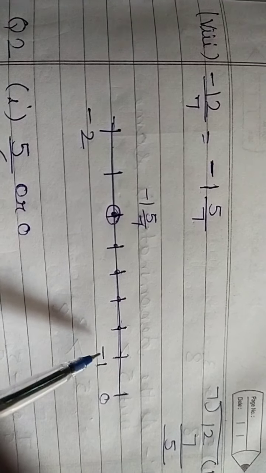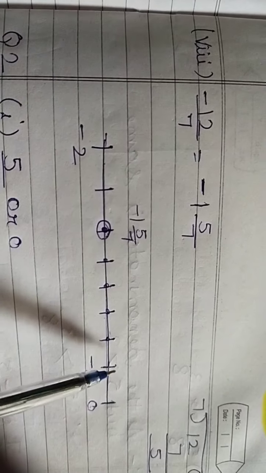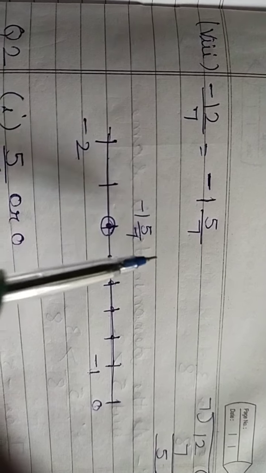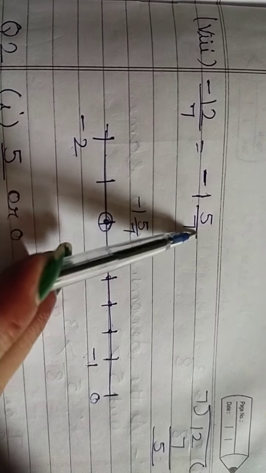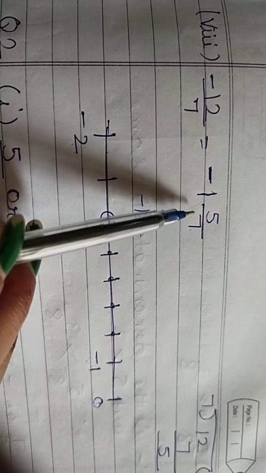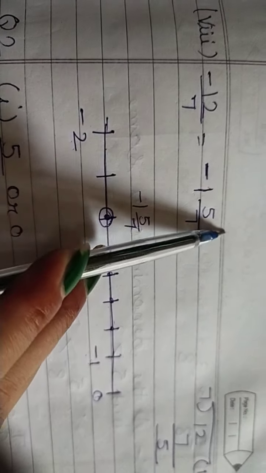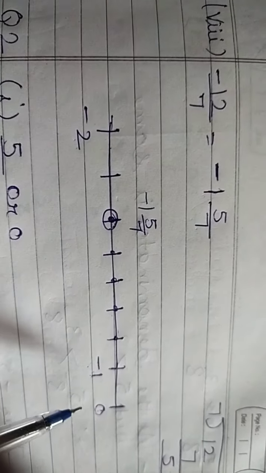Now you will mark 0, then minus 1, and then you will divide the area between minus 1 and minus 2 in 7 equal parts, because after minus 1 you need 5 by 7th part.